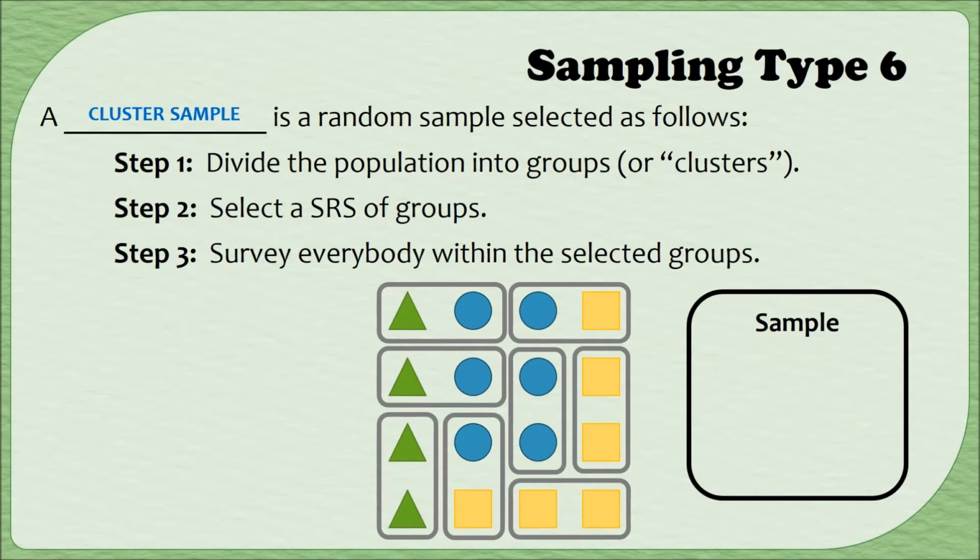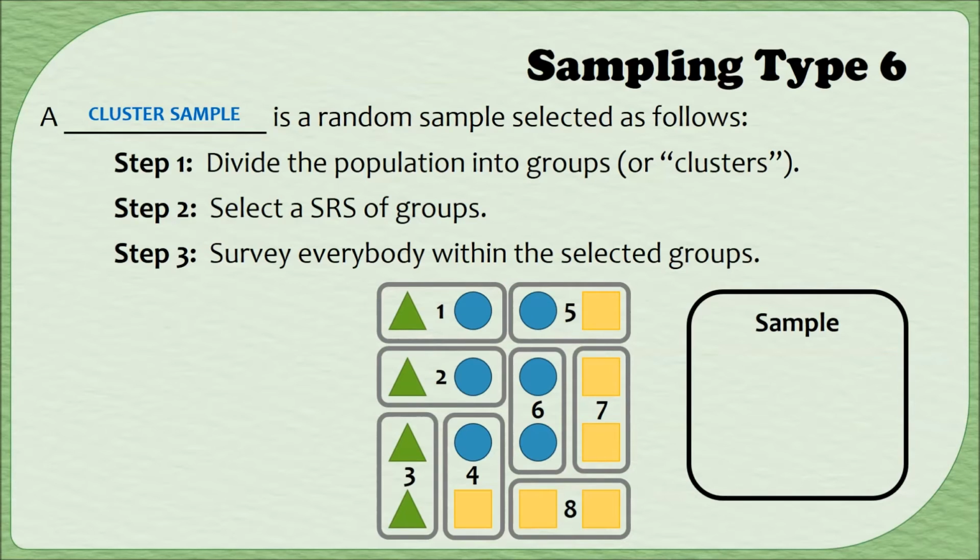Since we're already grouped, the key difference here is in step 2, where we find a simple random sample, not of individuals, but of groups. So instead of numbering the individuals, I'm going to number the groups.